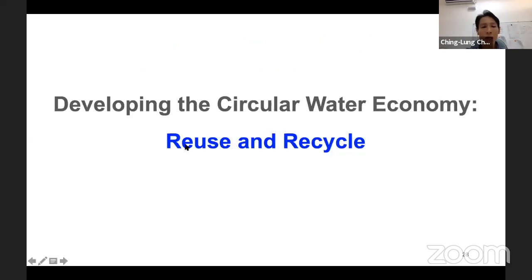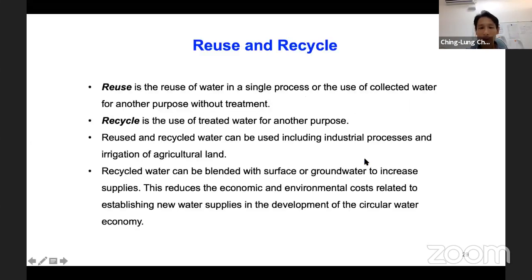Okay, and here comes reuse and recycle. The definition of reuse is the reuse of water in a single process, or the use of collected water for another purpose without treatment. And then recycle, the definition of recycle is the use of treated water for another purpose. Reused and recycled water can be used for industrial processes and the irrigation of agricultural land.